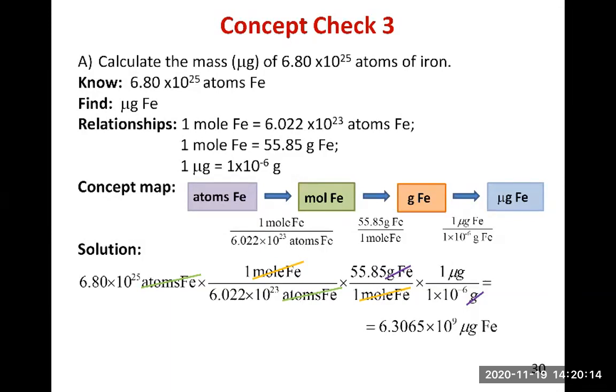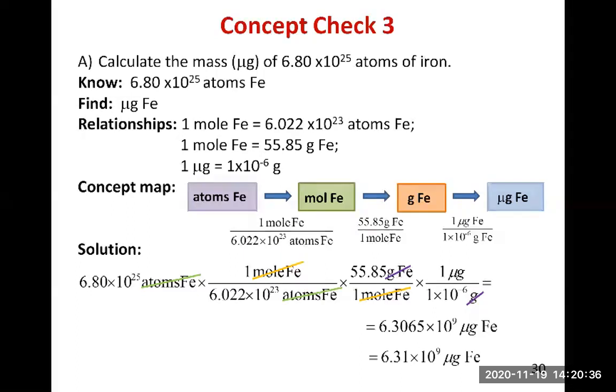We have 3 sig figs in the given amount, 4 sig figs in the Avogadro number, 4 in the molar mass. All the others are exact numbers. So we need to keep 3 sig figs, the least number of sig figs. So we keep the 6.30. What comes after the 0 is a 6, so we need to round up to a 1.